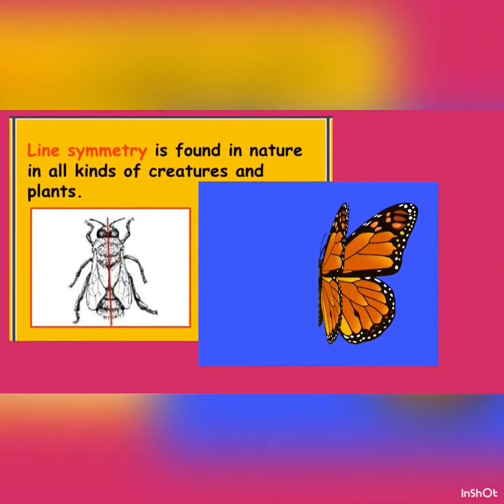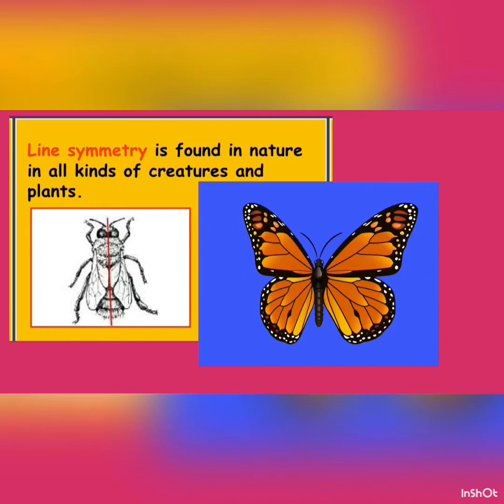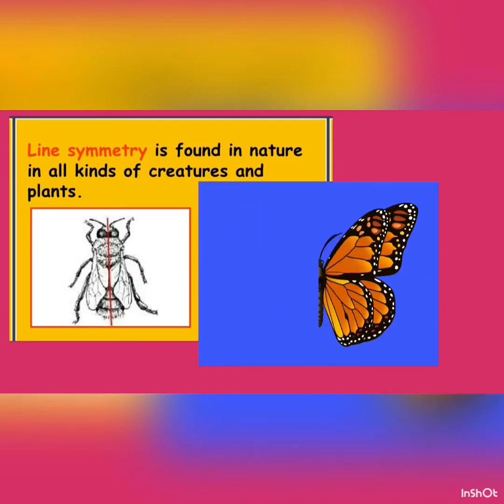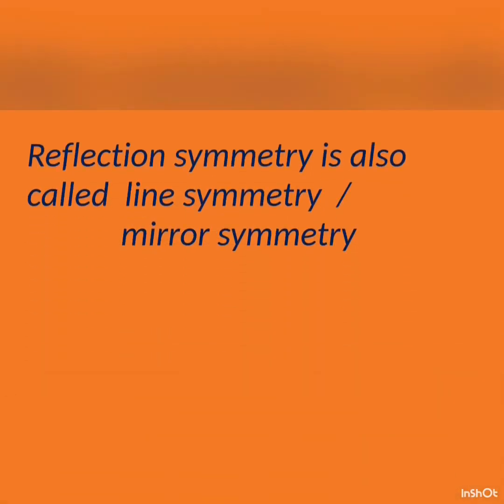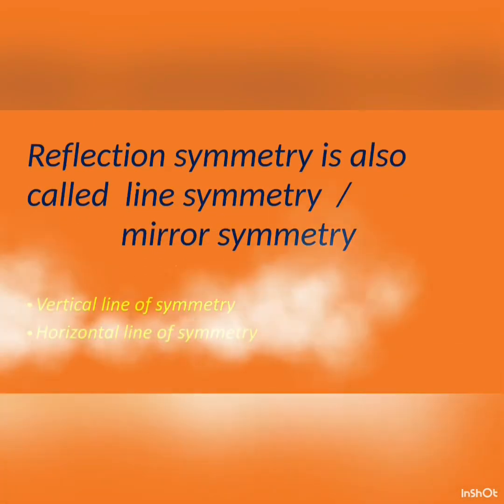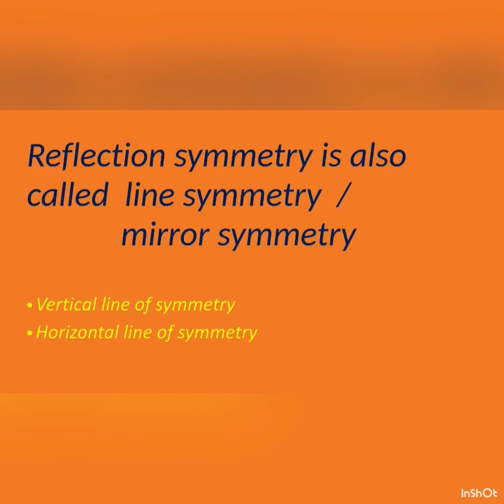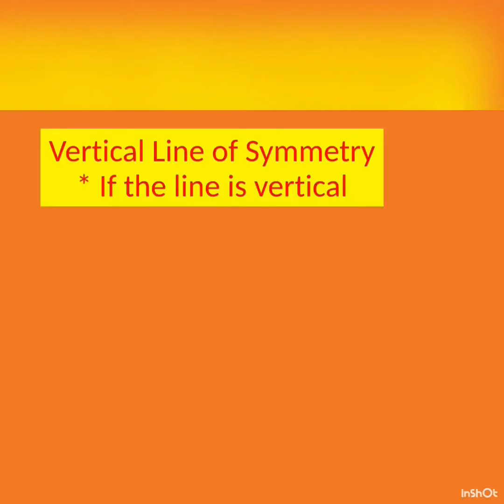It is found in nature. You can see a butterfly is a good example of line of symmetry. Mainly we have two types of line symmetry: vertical line symmetry and horizontal line of symmetry. Let's discuss them. If the line is vertical, it is called vertical line of symmetry.